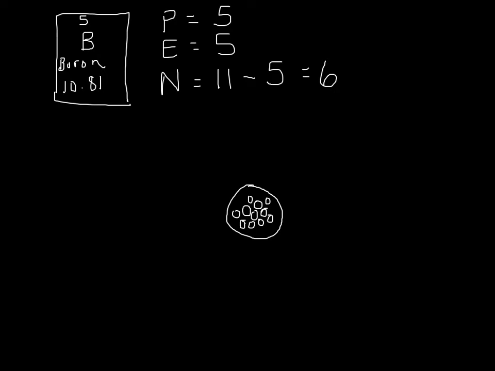And those electrons are in what are considered energy levels. So the first level, the first level closest to the nucleus, can only hold 2 electrons.